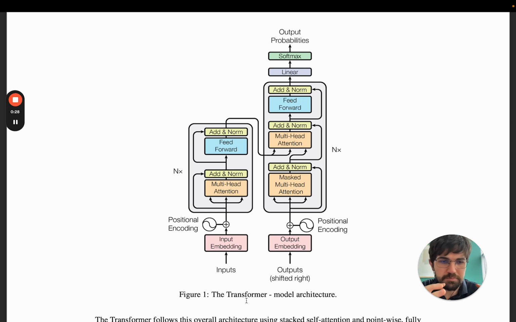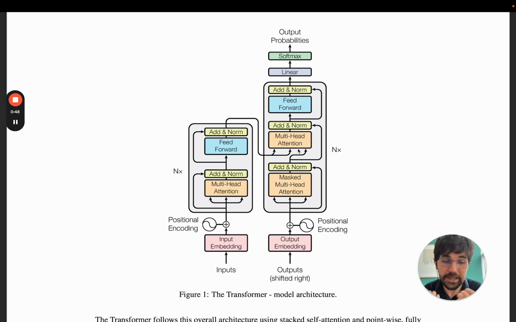The portion that I'll be implementing is this one, which is called cross attention. The reason is because we are crossing embeddings from the inputs and embeddings from the output.